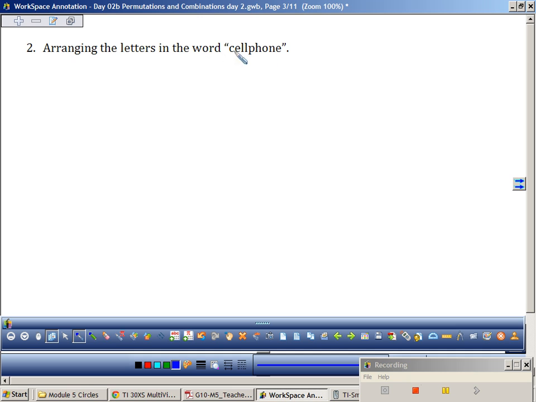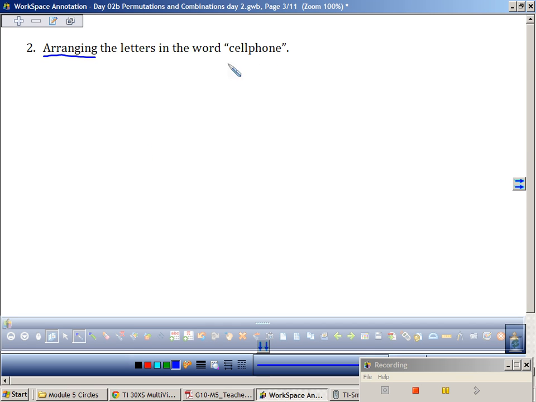Arranging the letters in the word cell phone. We are arranging, so this is a permutation. Also, we have multiple letters in here, so this is a repeating permutation.